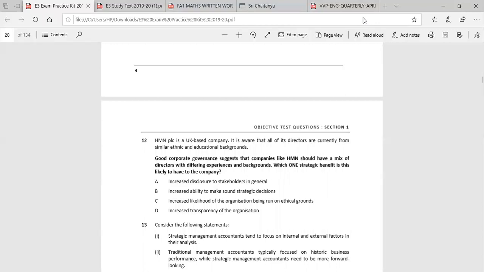Which one strategic benefit is this likely to have for the company?